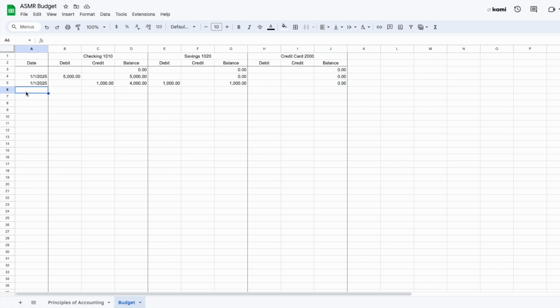Now, let's say you live in the city and you rent an apartment. It's a nice apartment. It's got a kitchen and a living room, a nice bedroom, and even an office.